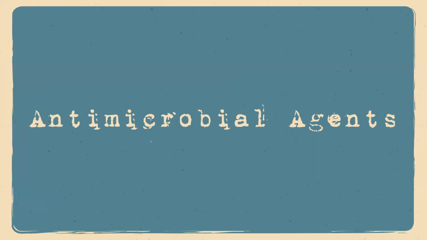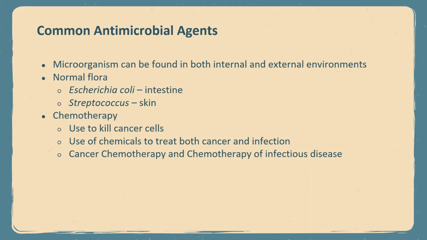Next in line is what we call the antimicrobial agents. Microorganisms can be found in our body, in the internal or external environment. And as we all know, there are normal floras of our body.